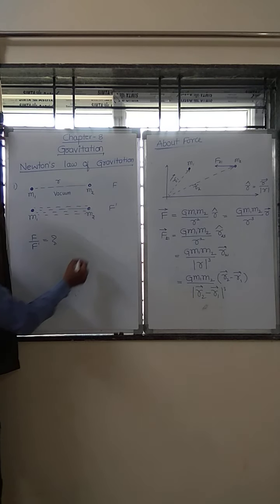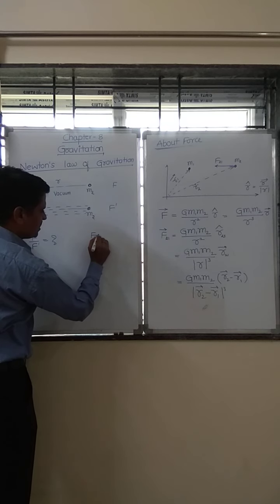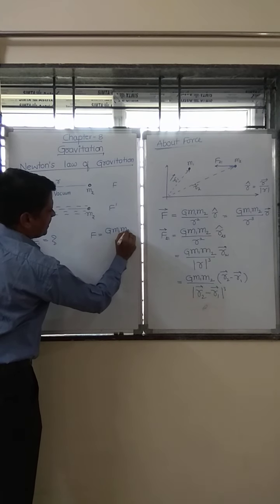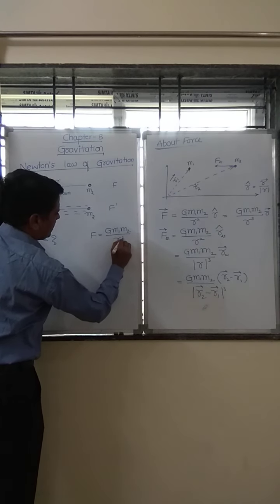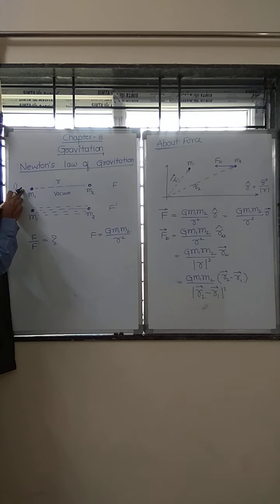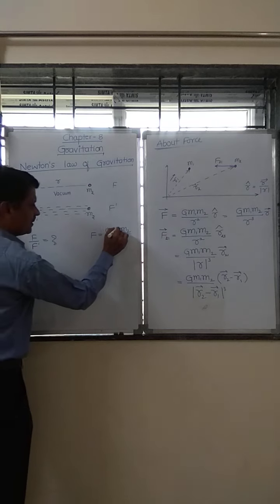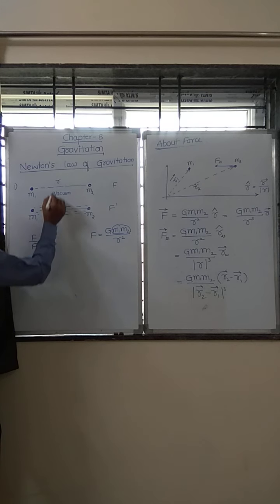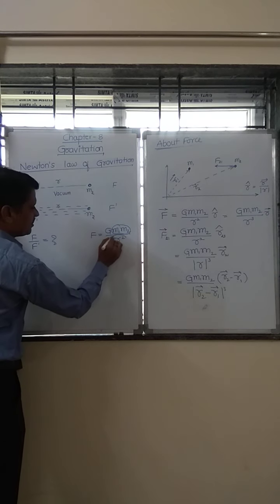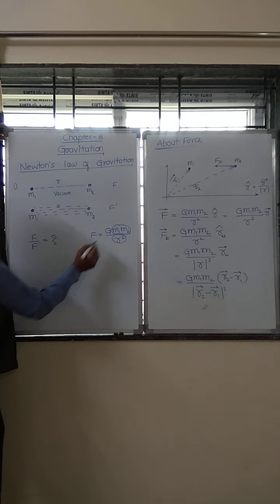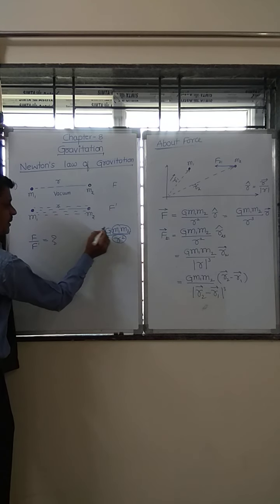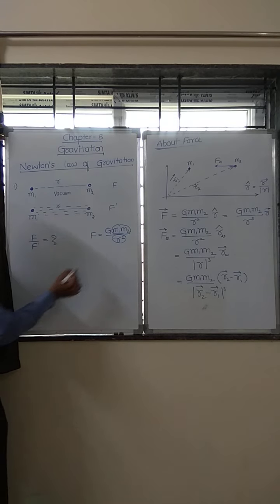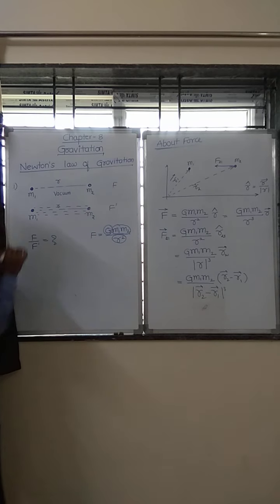See the solution. As we know, the force between two masses is given by capital G m1 m2 by r square. If you look at case 1 and case 2, in both cases m1 and m2 are the same, and the distance also remains the same. The value of capital G is independent of the medium between the two masses, hence for both cases capital G remains the same.